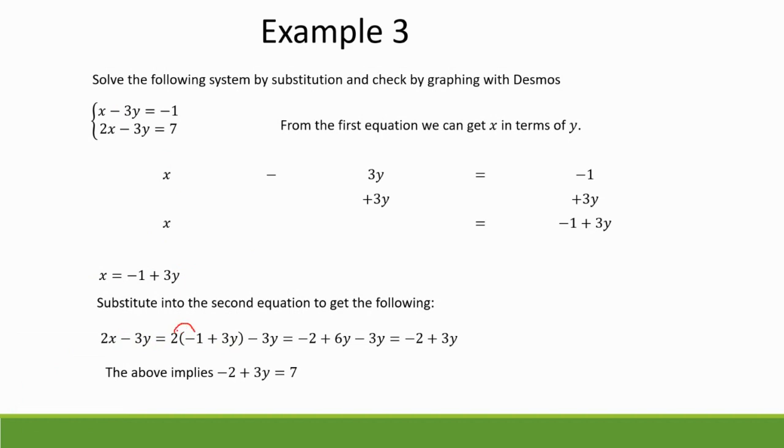We're distributing 2 times -1 plus 2 times 3y, minus 3y. And that gives us -2 plus 6 times y, minus 3y. So you plug it in and distribute like I'm doing. You end up with -2 plus 3y.